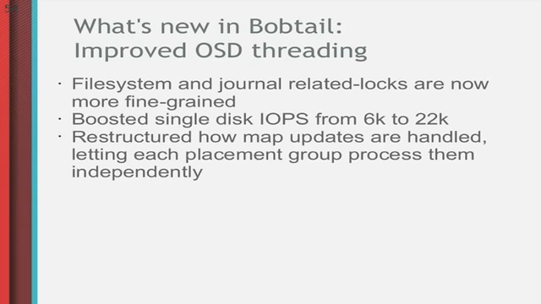So that's basically an overview of how the block device works. But what's happened in the last 6 months? So in January, we had our second stable release, which was the Bobtail release. A number of things improved there.